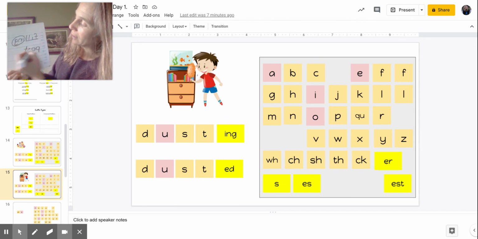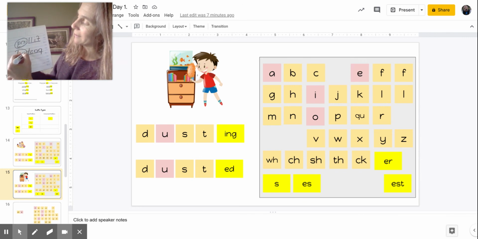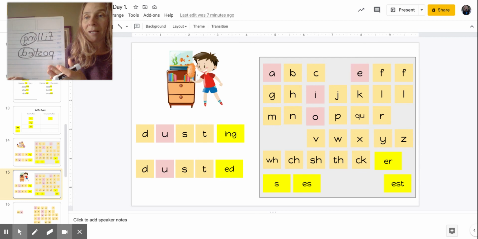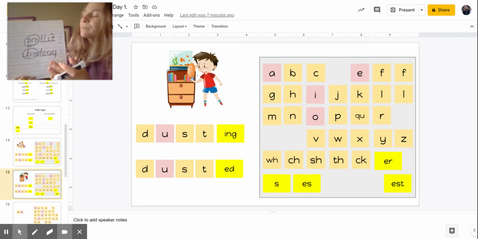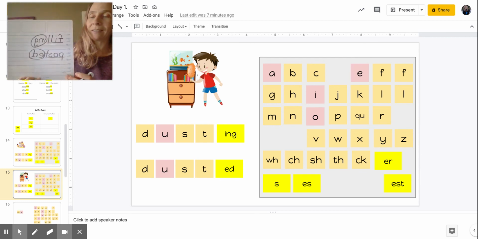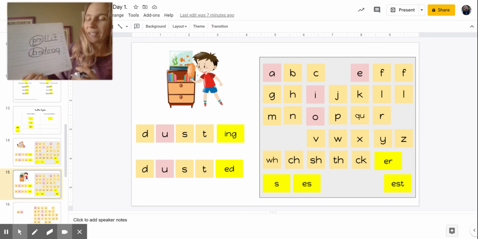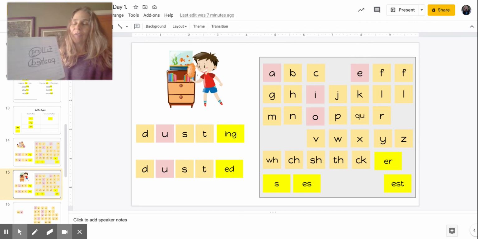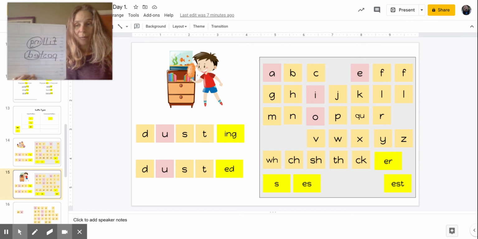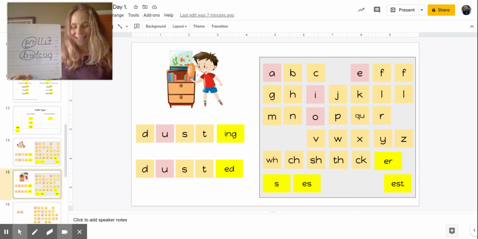Post is my base word, and then ed. Posted. Good job if you caught that it was a closed syllable exception. Nice work. Posted. So I've underlined my base word, post, and I'm circling my suffix, ed, posted. Excellent. So those should be in your student notebook on page 26.